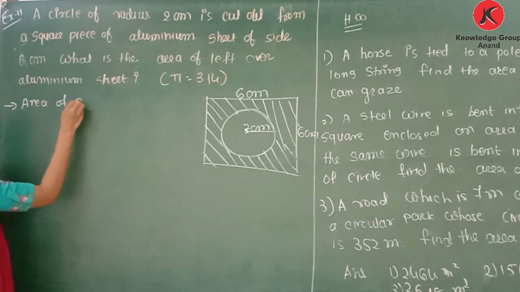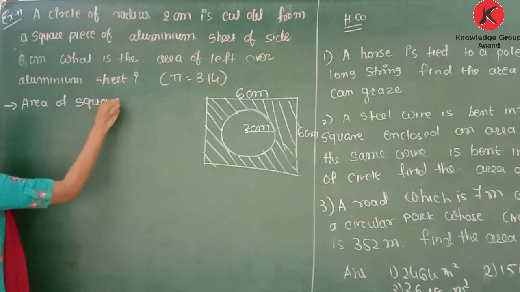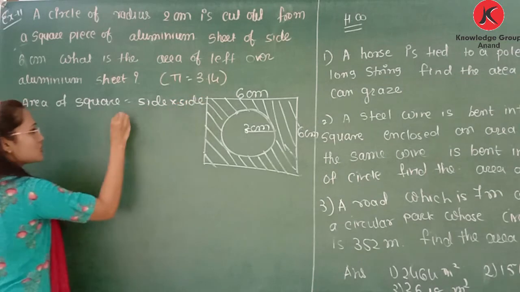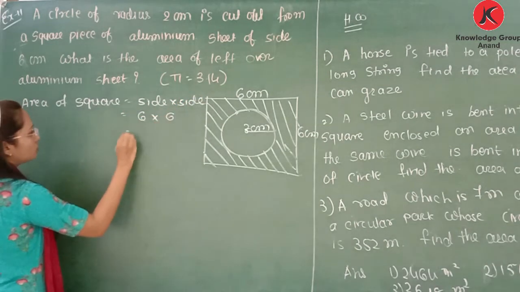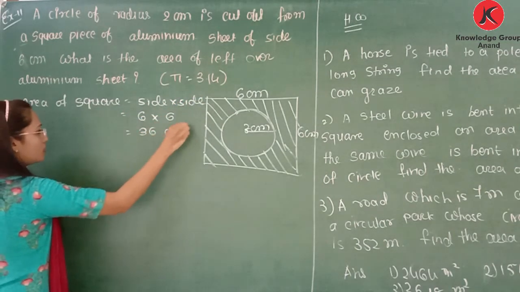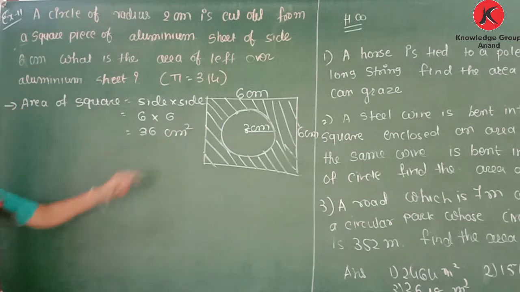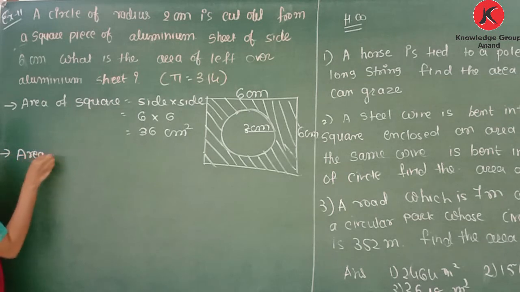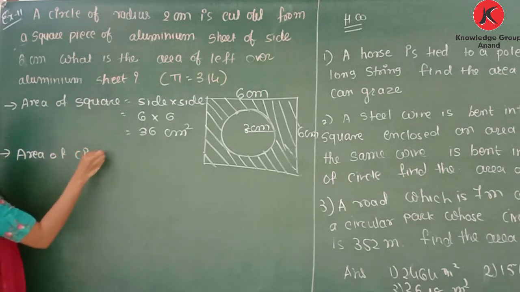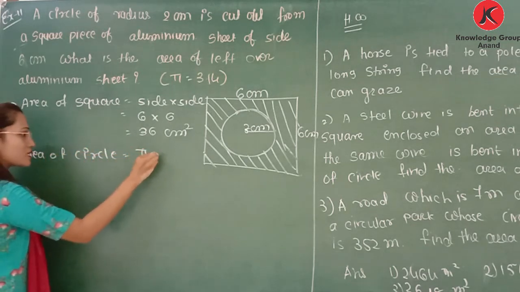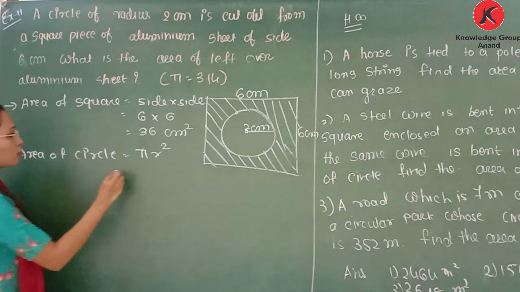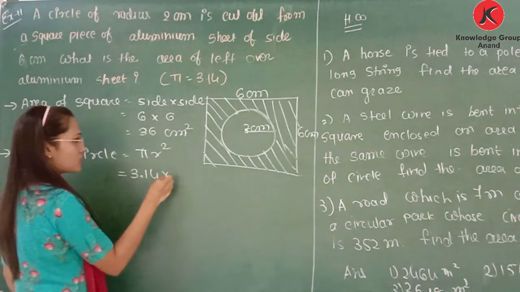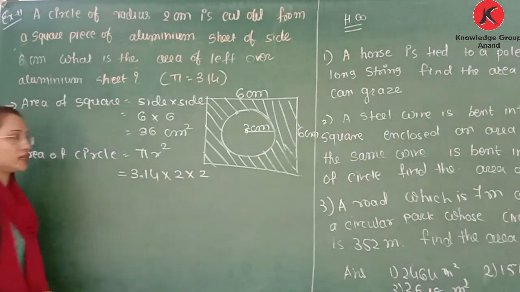Area of square is side multiply side. Now what is the side? That is 6 cm. So it is 36 centimeters square. Now area of the circle whose radius is 2 centimeter. Pi r square. Now value of pi is 3.14, that we need to take. Radius is 2, so it is 2 multiplied by 2.